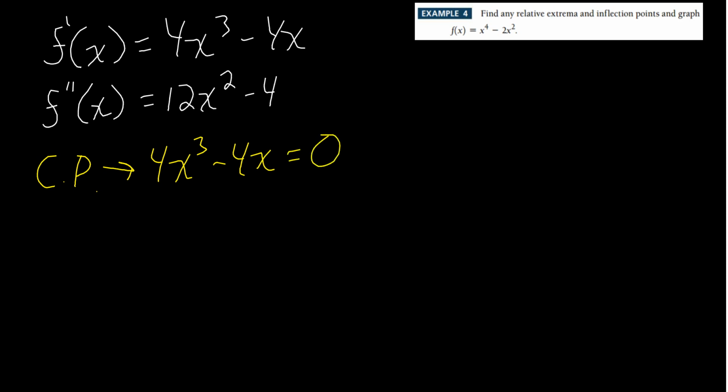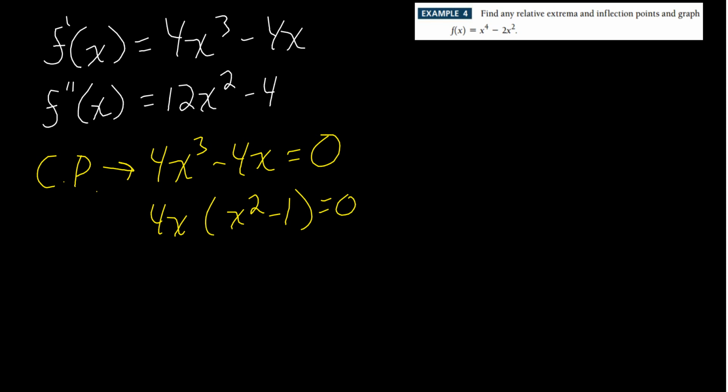It looks like I can factor out 4x. So 4x times x squared minus 1 is equal to 0. I don't know why I put a 4 in there. That's better.